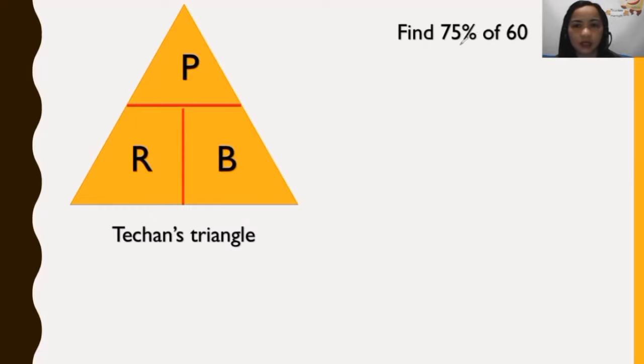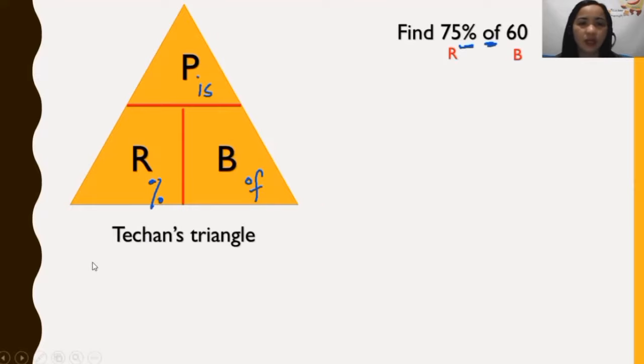Here, it has the percent symbol, meaning it is the rate. And we have here "of", which is a word clue for base. And for percentage, "is". Now, this is our rate and this is our B.